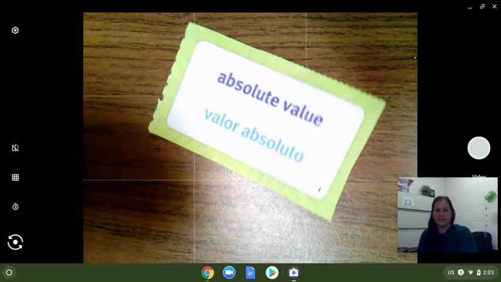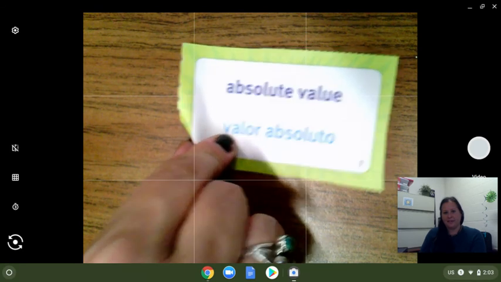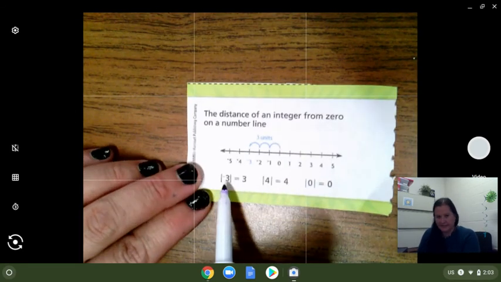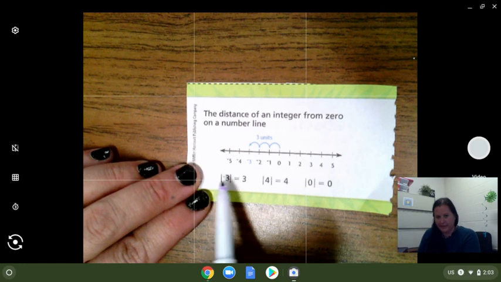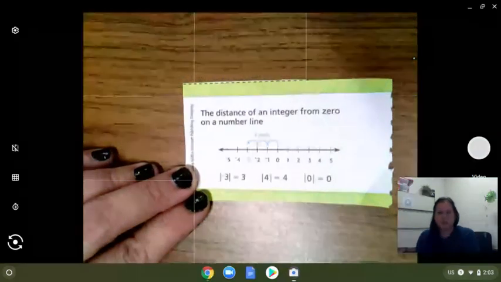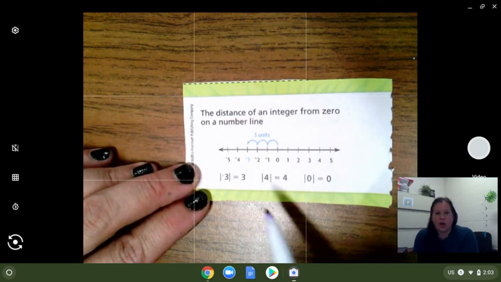And then lastly, we do learn a little bit about absolute value this chapter. And absolute value looks like this, a symbol. There's some straight lines wrapped around a number. And the absolute value is the distance of an integer from 0. So absolute value is always positive.